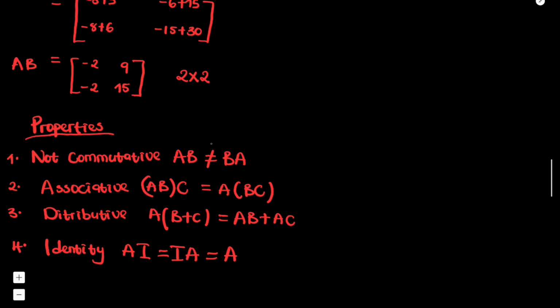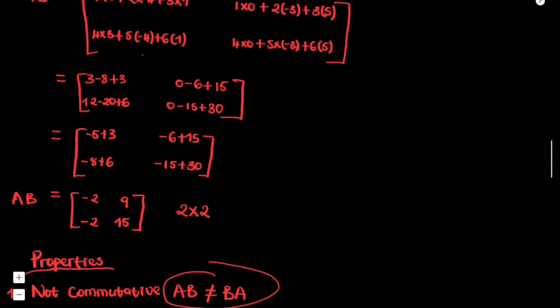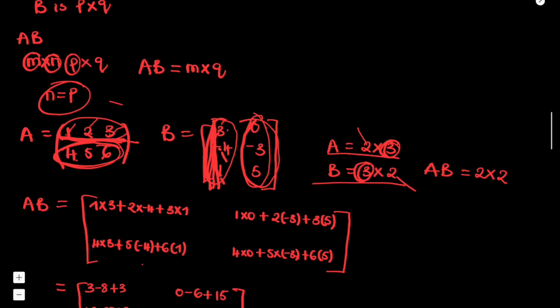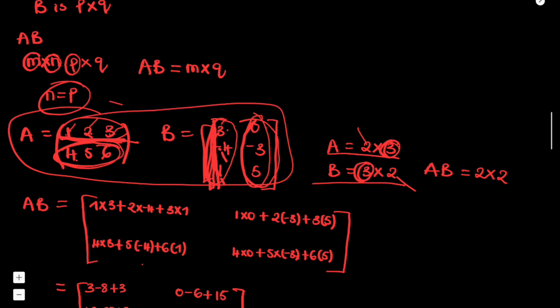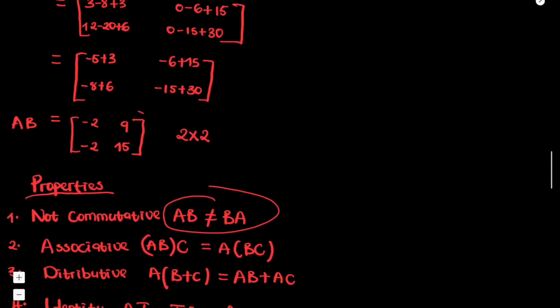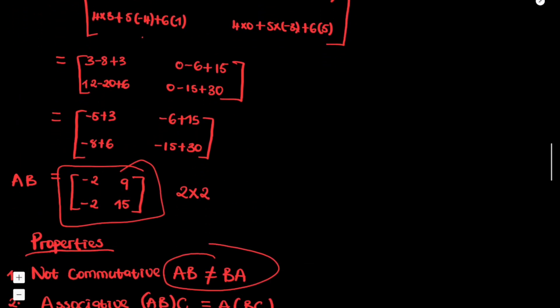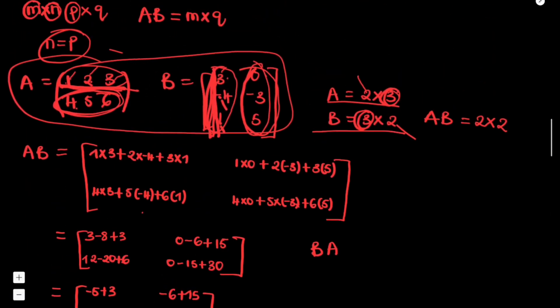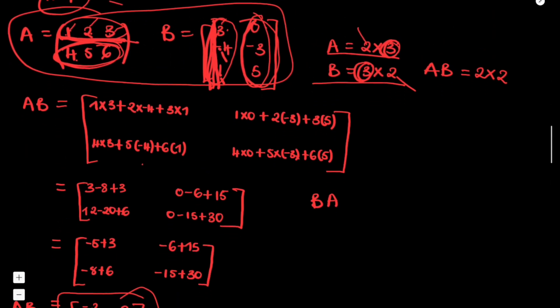So I earlier said let us have this. Let's take this matrix we had above. This was our AB. Now let's see whether it is equal to BA or not. Okay, now BA, let's take the order. The order of B was a 3 by 2, and the order of A is a 2 by 3 matrix.